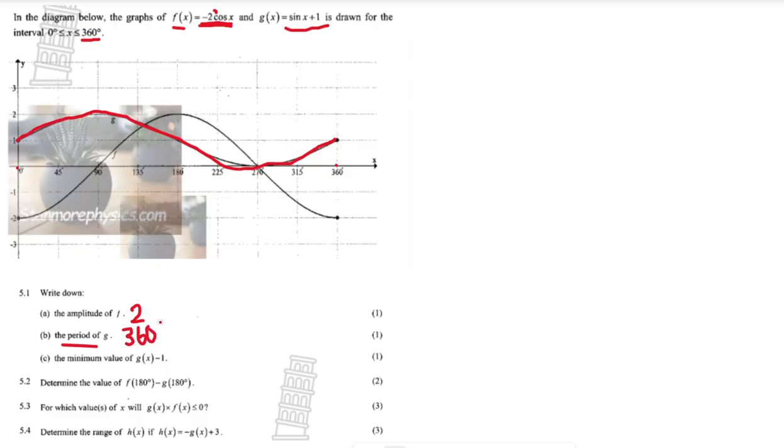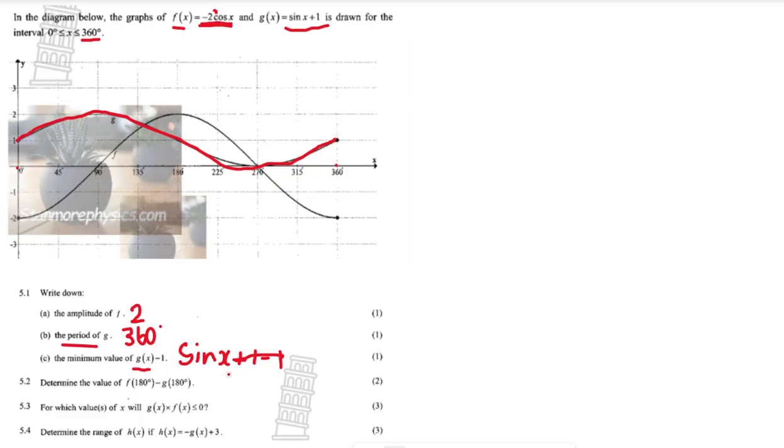Now, when it comes to this type of question, the minimum value of g of x minus 1, all you're doing is taking this g of x and substituting it in. So you're going to say sine x plus 1 minus 1, and then these two cancel each other. We're left with sine x.